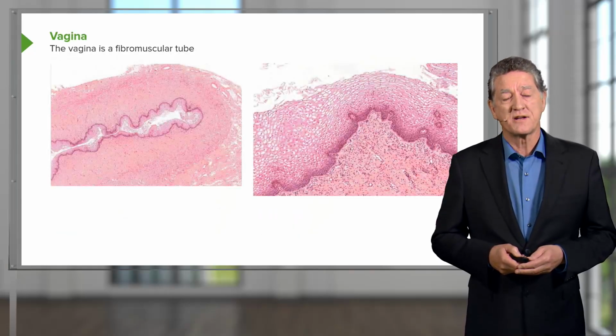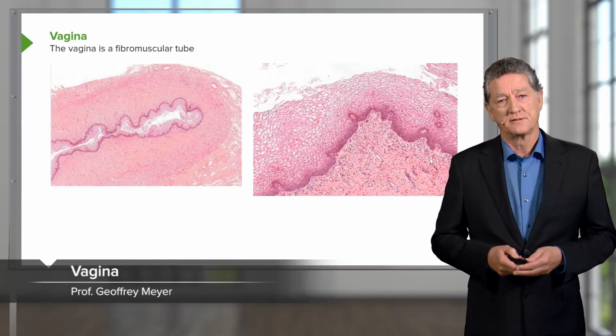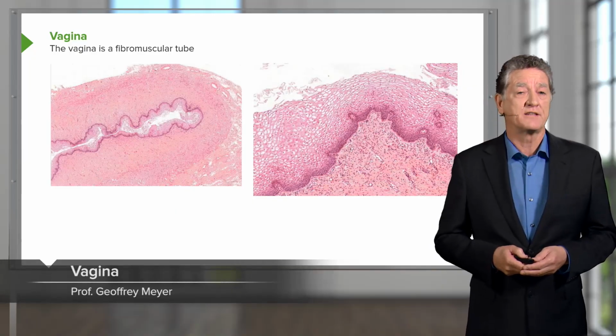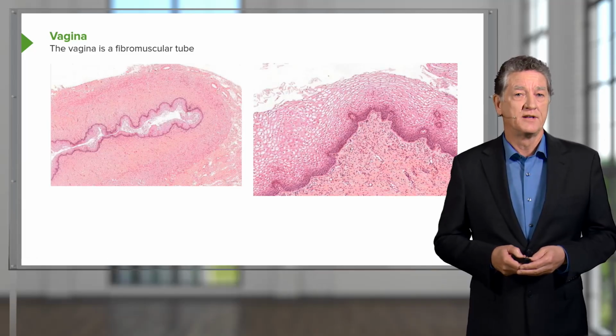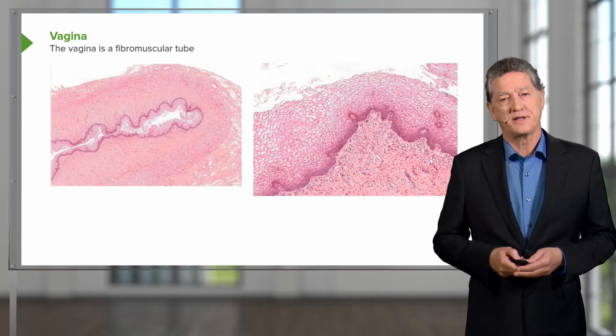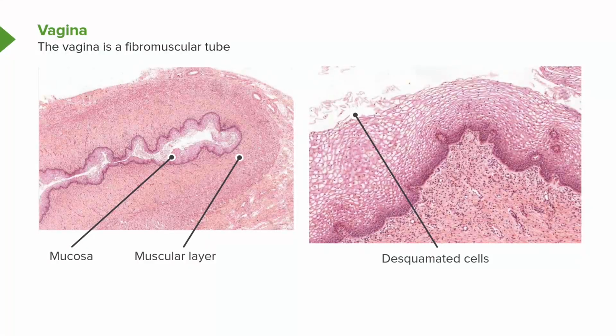The vagina is a muscular tube. It's supported by a lot of connective tissue to give it strength. It's lined by a stratified squamous epithelium. And that stratified squamous epithelium is very important for, as I mentioned earlier, being the wear and tear organ that it is. Have a look at the right-hand side and you can see the epithelial surface, stratified squamous.